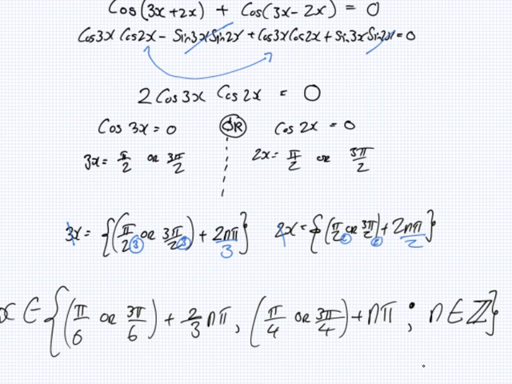Like, there's nothing in the syllabus that says students must solve equations within a range. So when I was making this worksheet, I realized I never actually showed you what to do if there was no specified limit on the range. In some ways it's actually easier, because I can just say plus 2n pi, and that's it, as many times as you want. Whereas when you actually do have a range, you have to work out the different values of n.